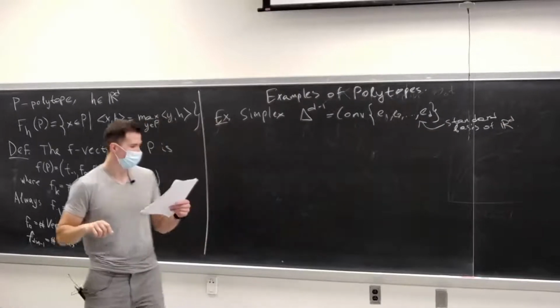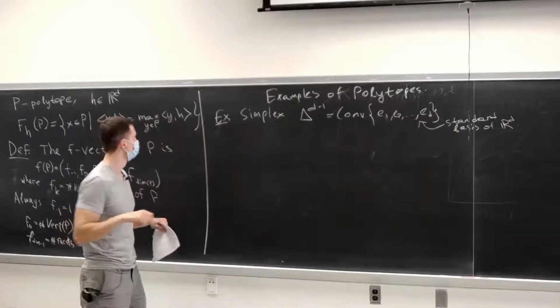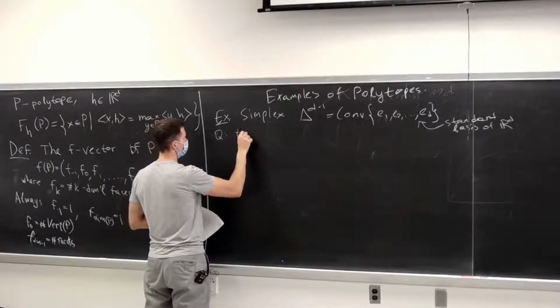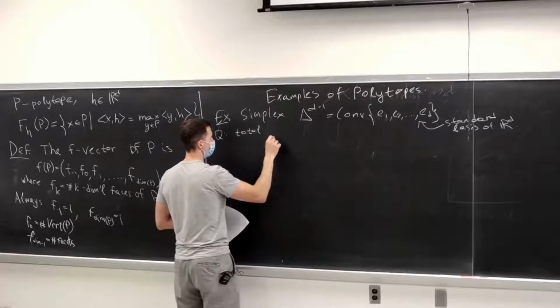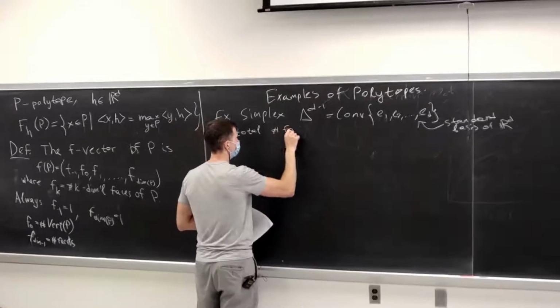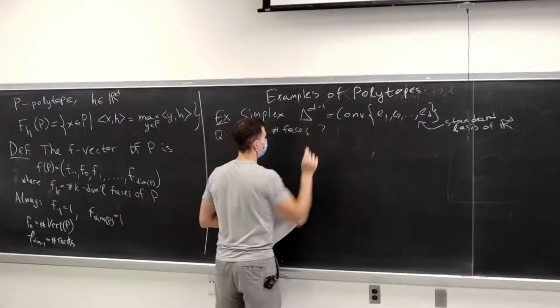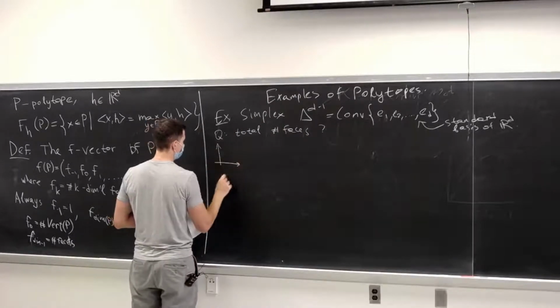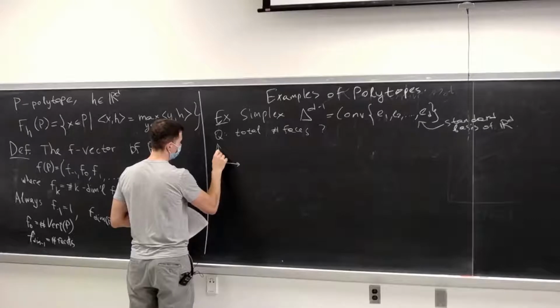All right. So here is a question. What is the total number of faces of a simplex? And while you're thinking, let me try to draw the case d equals 1.